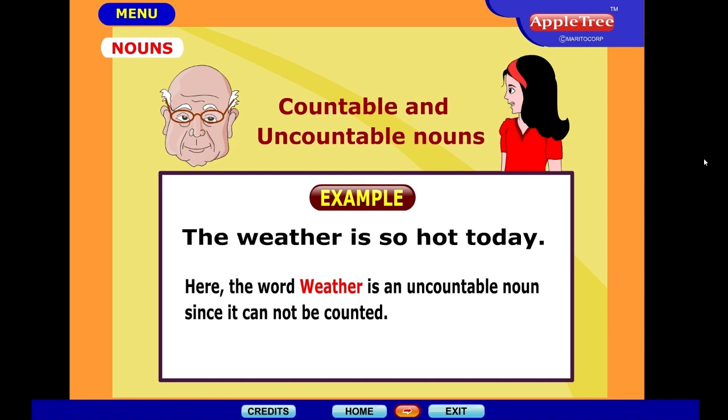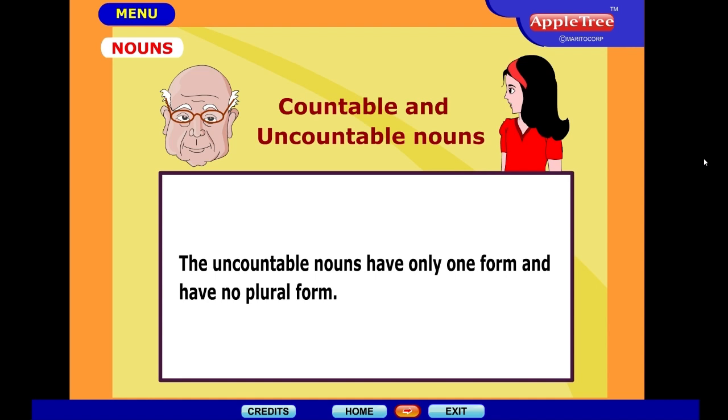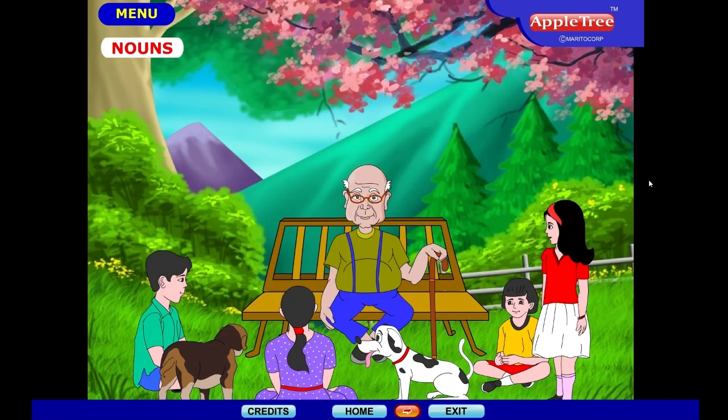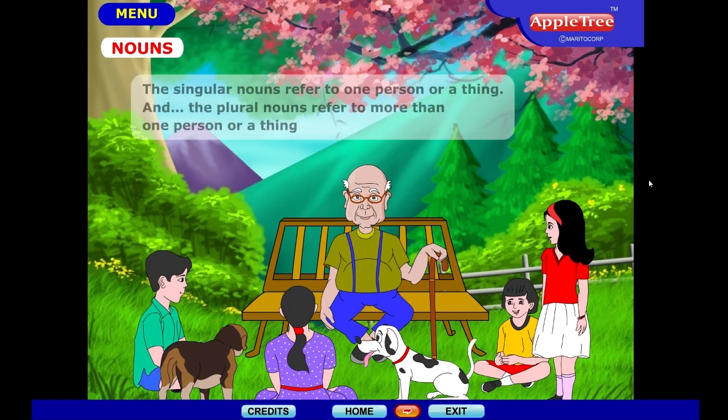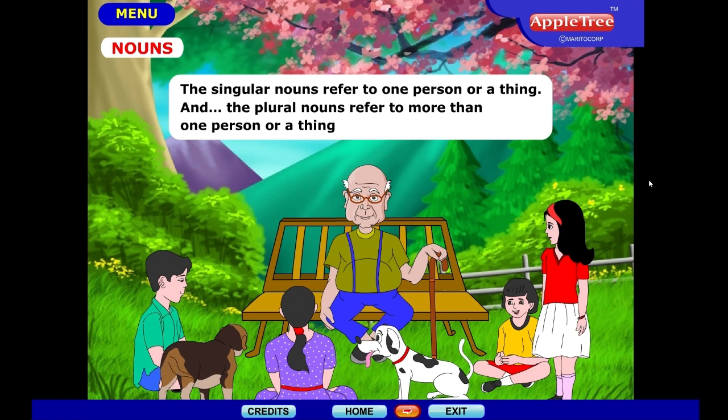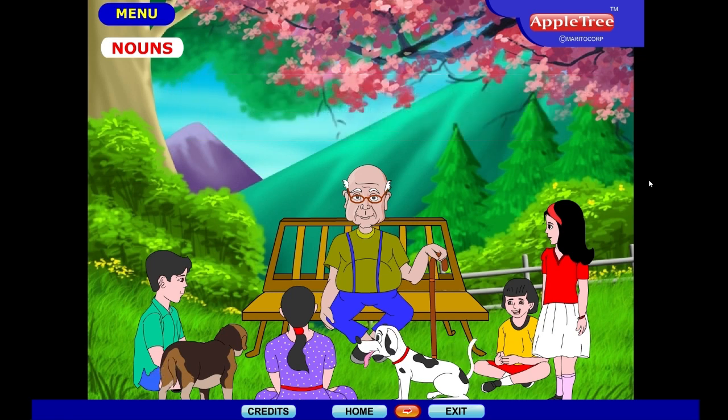Grandpa, is it true that the uncountable nouns have only one form and have no plural form? Yes, my dear, that is true. Jenny, do you know that the nouns are either singular or plural? Yes, Grandpa. The singular nouns refer to one person or a thing, and the plural nouns refer to more than one person or a thing.